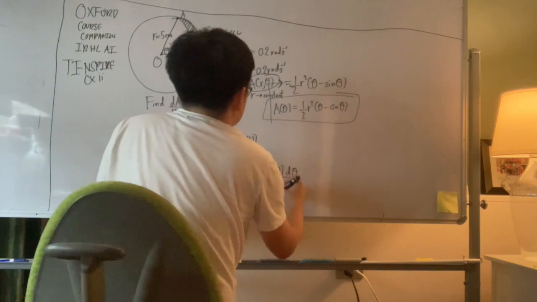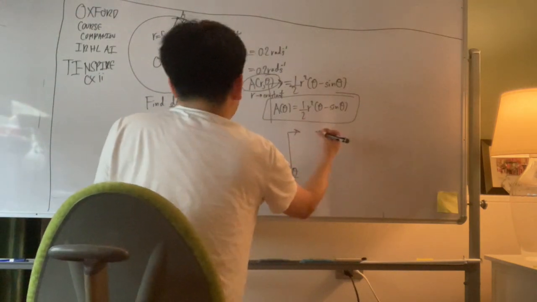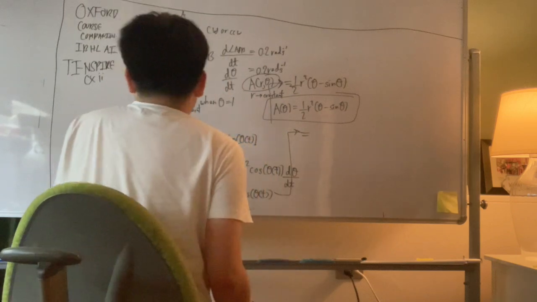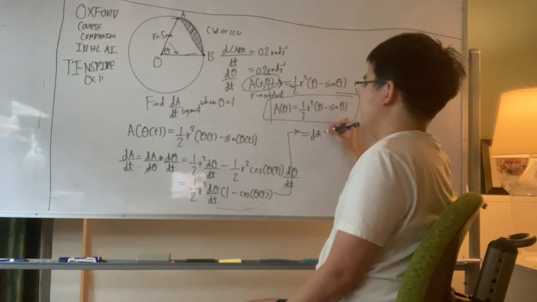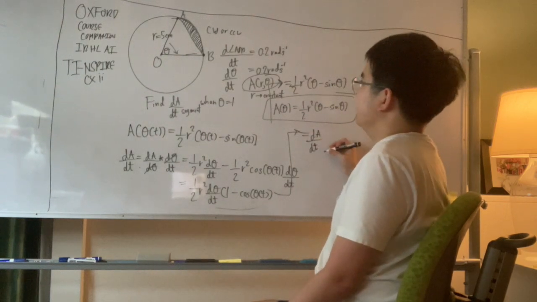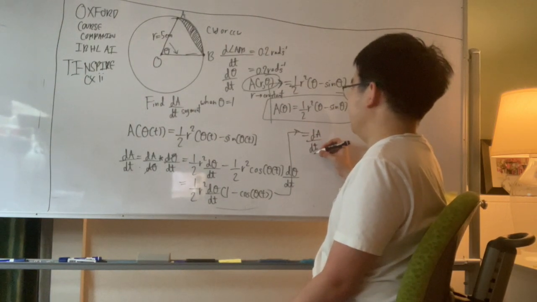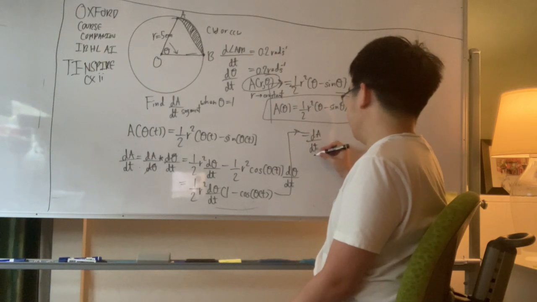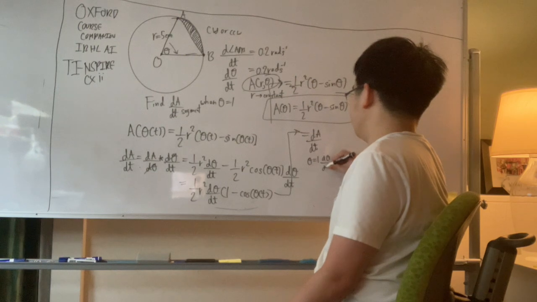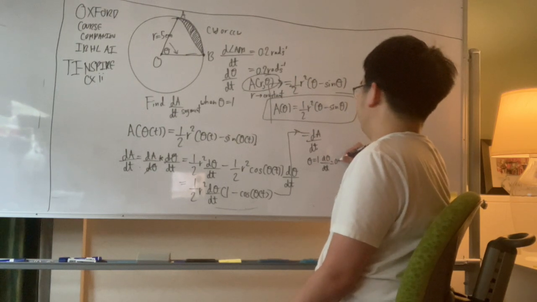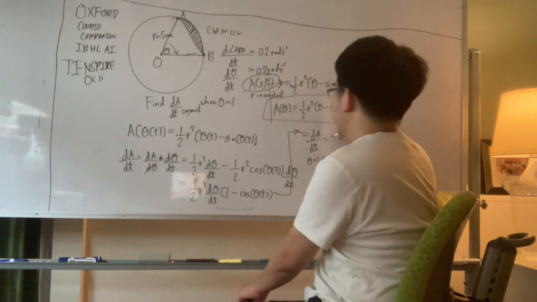So then doing this over here, we want dA/dt given theta equals 1 and d theta/dt equals 0.2 radians per second.